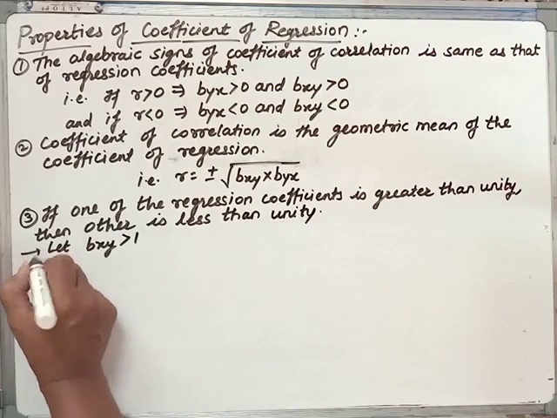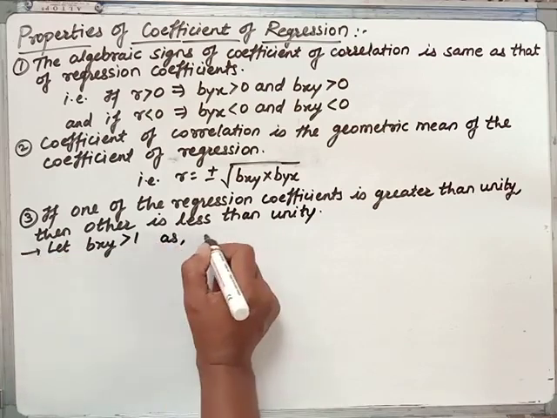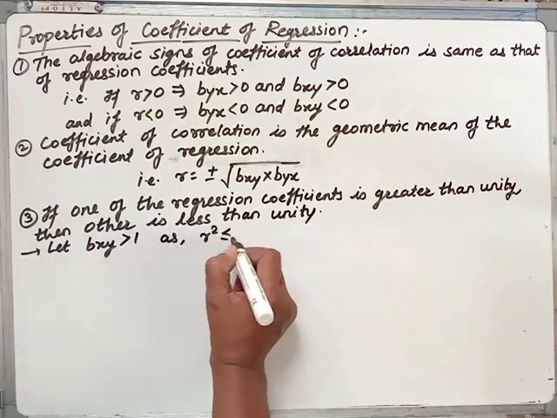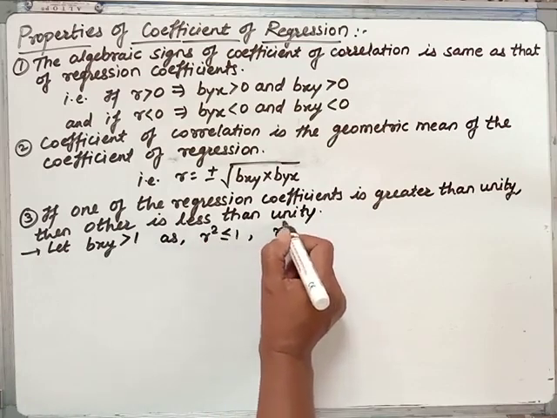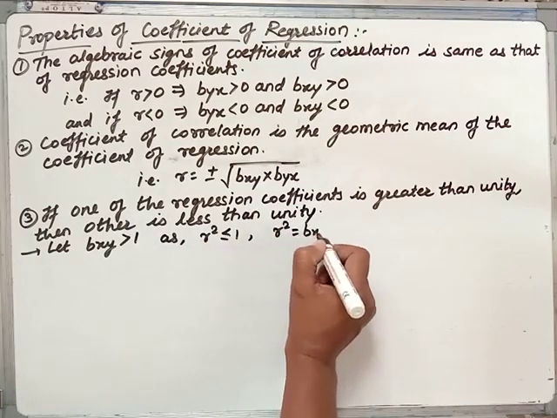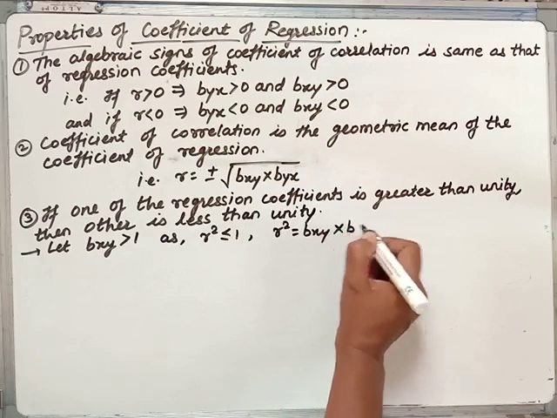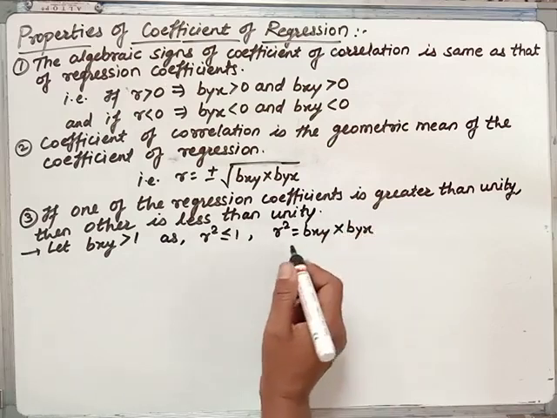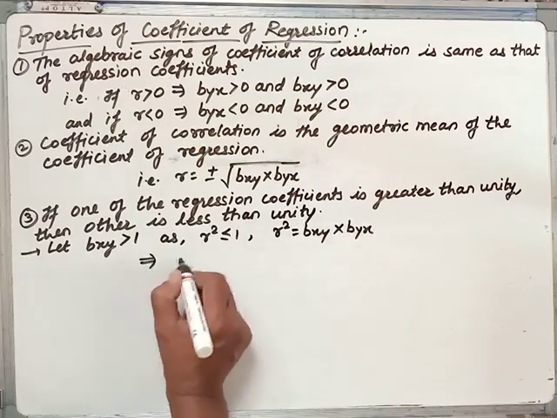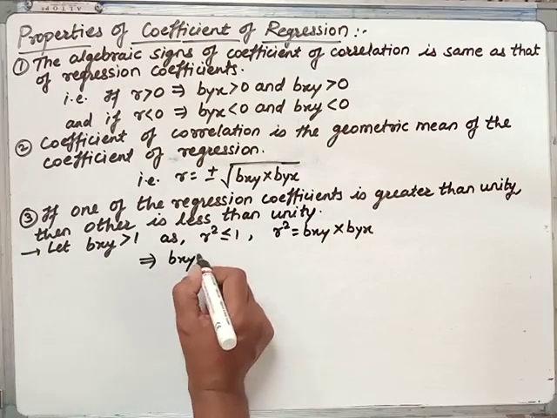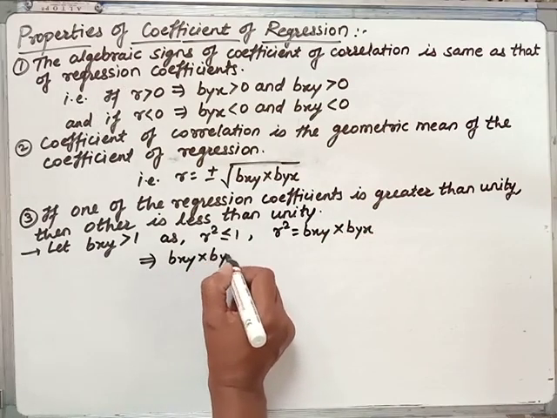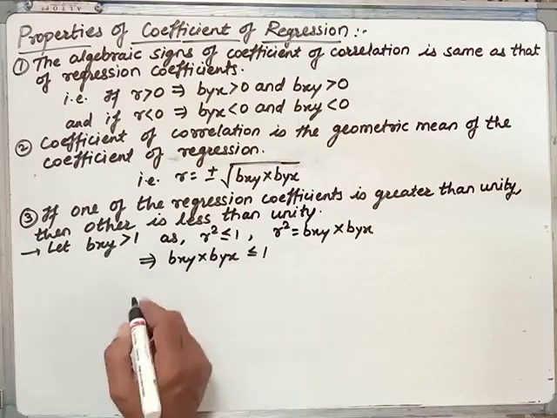As r square is less than or equal to 1, and you know r square is bxy into byx, what does this imply? This implies bxy into byx is less than or equal to 1.